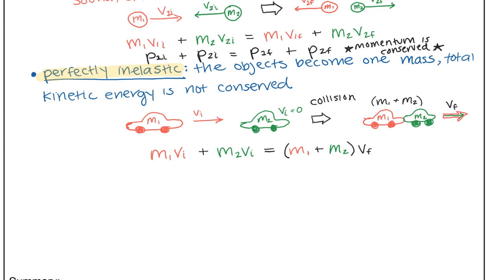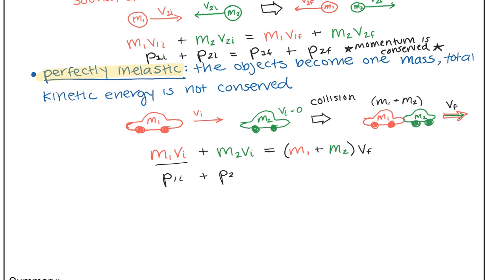So what perfectly inelastic collisions are saying is that we have a momentum here. We'll say that's P1 initial plus our P2 initial becomes P1 plus P2.